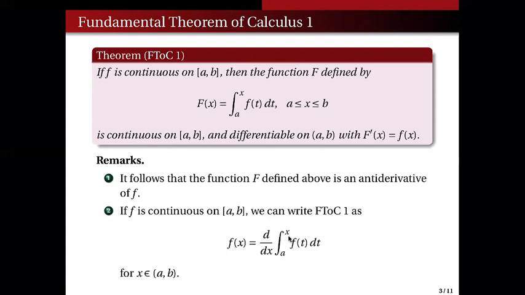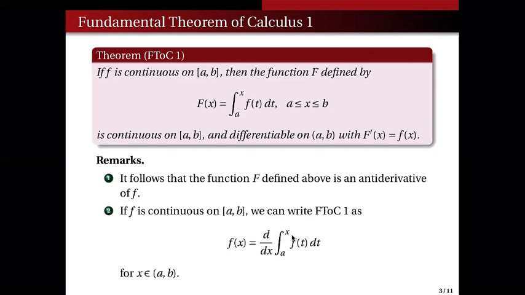So what does this mean? It's like the integral is being cancelled by the derivative. You have an integral of some function, but you get the derivative, so they are just being cancelled.